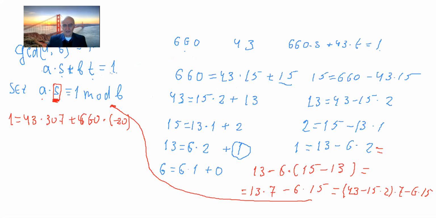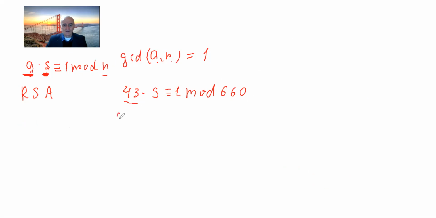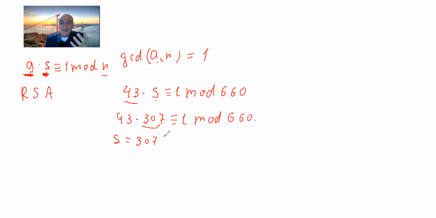I hope you wrote it down: 43 times 307 is congruent to 1 modulo 660. So the inverse of 43 is this number 307. And we need it for decryption in the RSA crypto system.